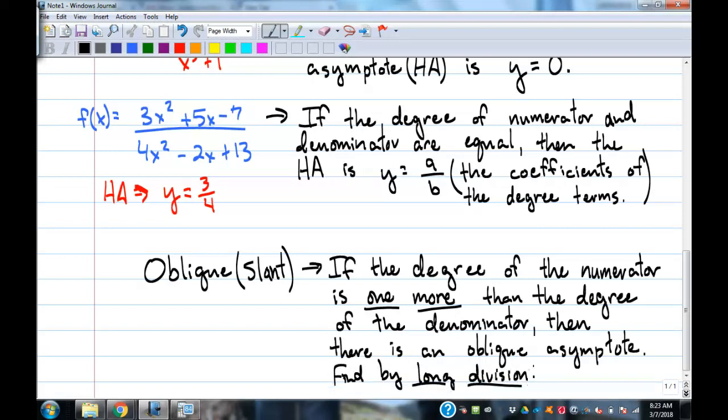Told you it was going to come back up. Also know that the oblique asymptotes are linear, so they have an equation y equals mx plus b.